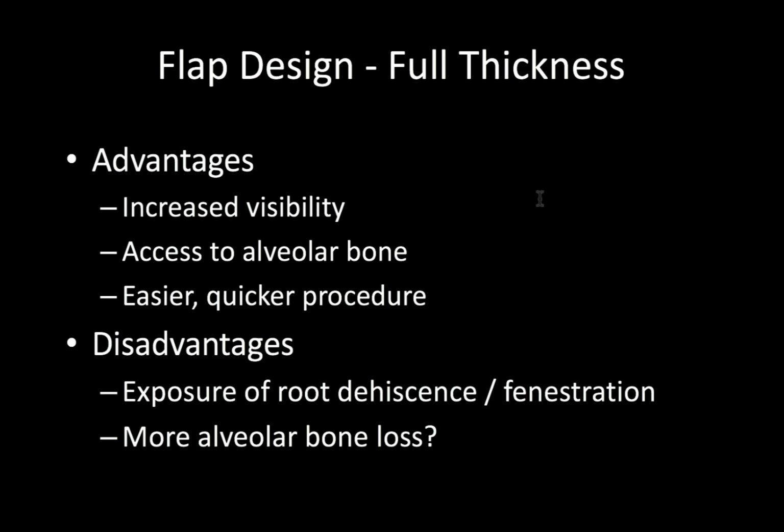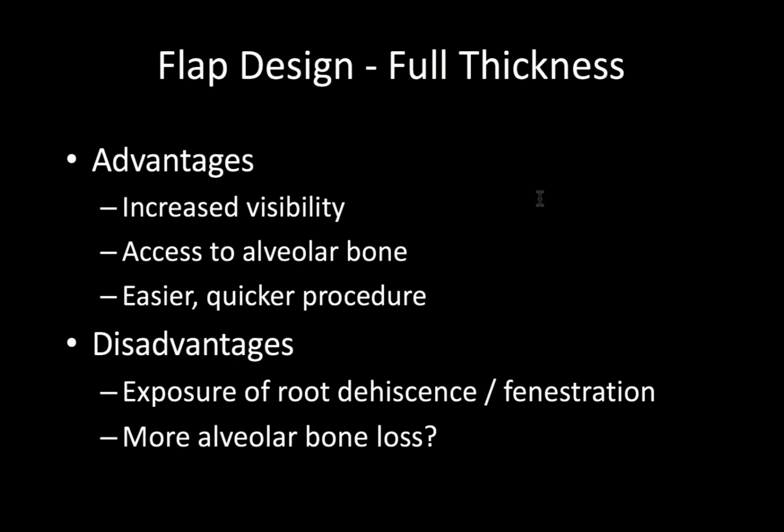First off, it gives you increased visibility to the underlying structures. It provides you great access to the alveolar bone and also makes this an easier, quicker procedure to do. Disadvantages occur if you're in an area where you might potentially run into a root dehiscence or a root fenestration.